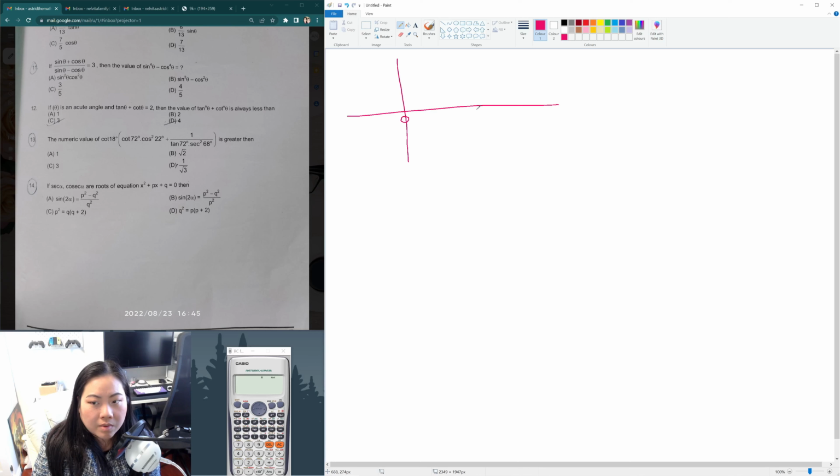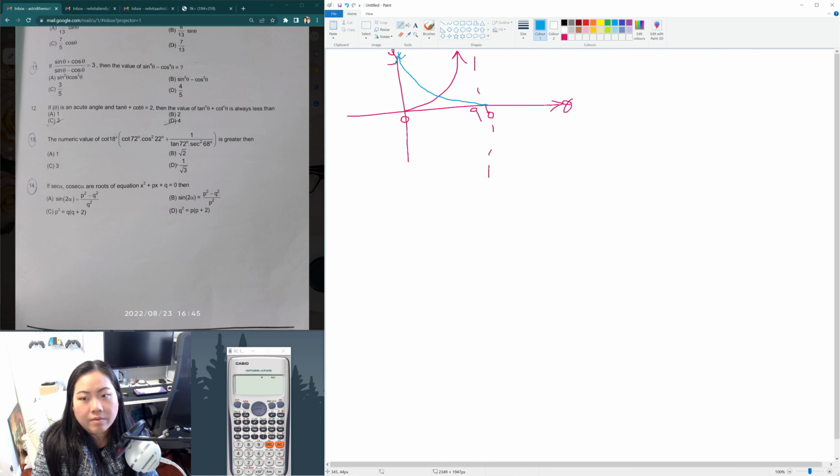I started off with graphing. Theta being an acute angle means that it has to be between 0 and 90 degrees, right? Tan graph goes like this. That's y, that's theta. And the cot graph is going to go like this.